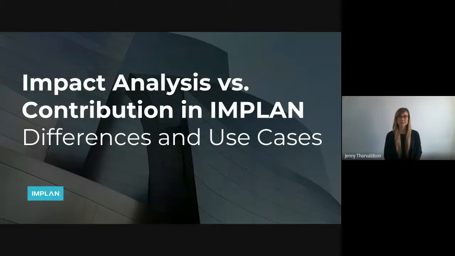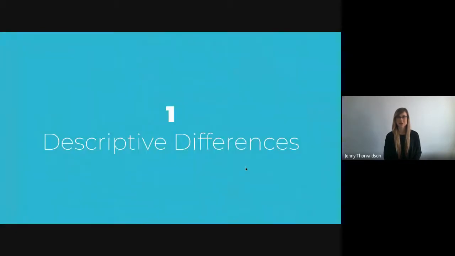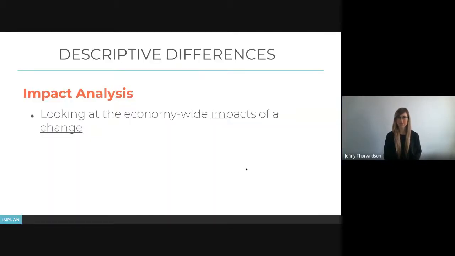And as I mentioned, we'll talk about impact analysis versus contribution analysis and highlight the key differences and some use cases of each. So the first thing I'm going to do is just talk about the descriptive differences. So how do we talk about them differently? How do we define them with words? And so an impact analysis in a nutshell is really what IMPLAN is probably used for most.